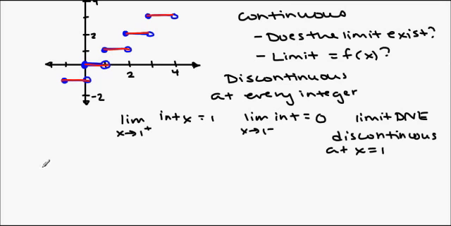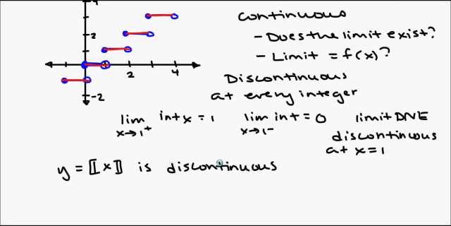So what I'm going to conclude here is that the greatest integer function is discontinuous for any integer x.